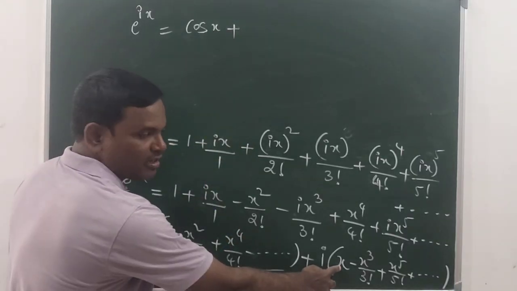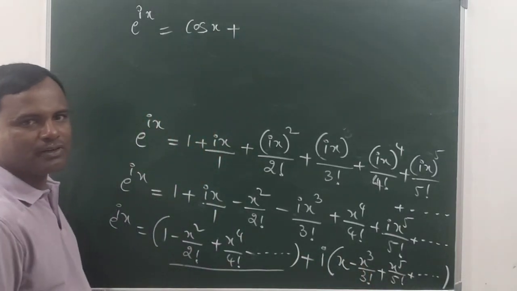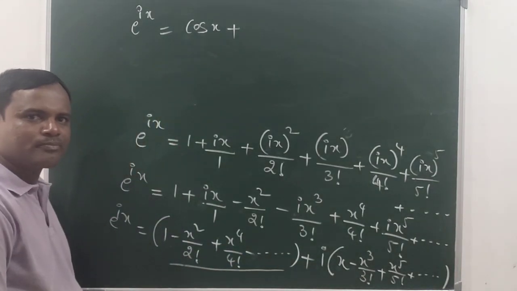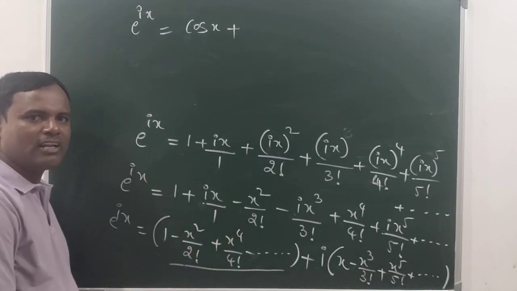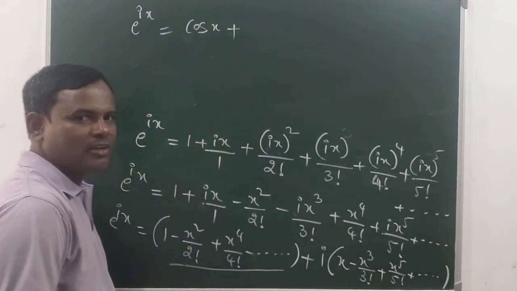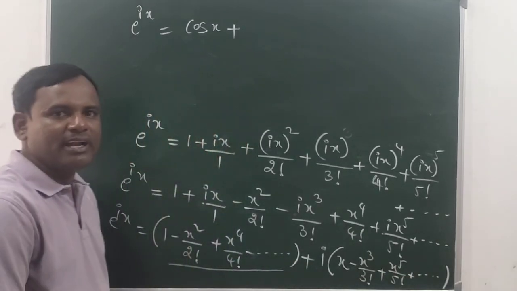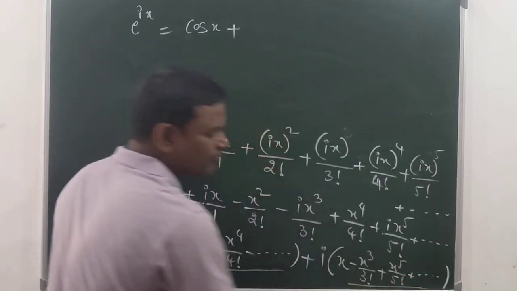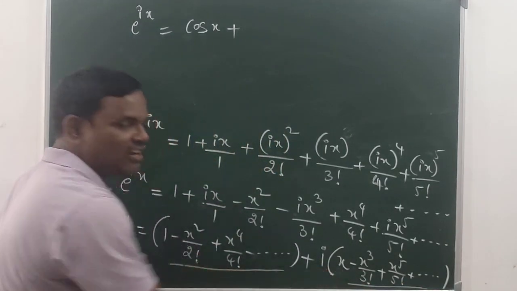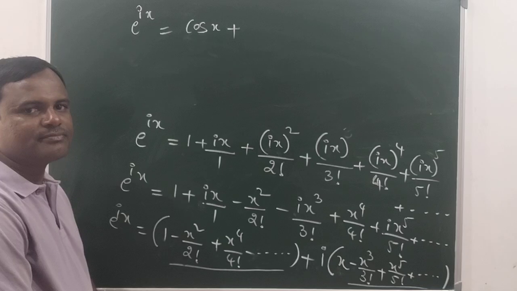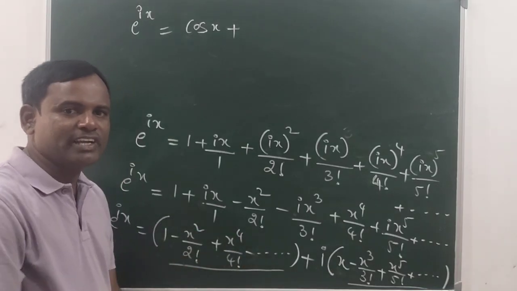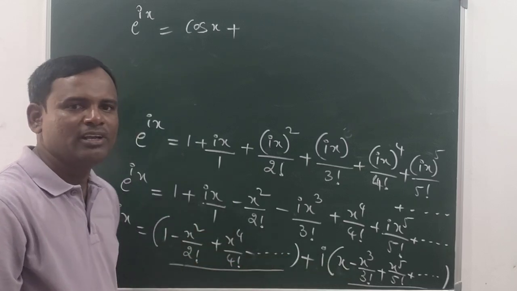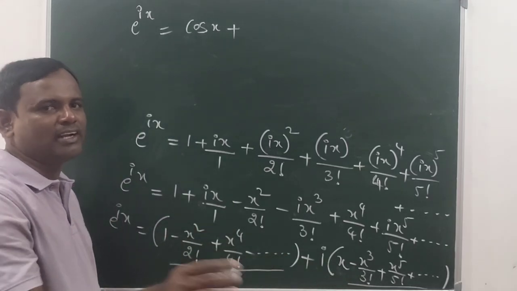So here, observe the imaginary part. i into x minus x cube by 3 factorial plus x power 5 by 5 factorial, and in the next term, what do we get? Minus x power 7 by 7 factorial and so on. This will continue. So this is the expansion of sin x: x minus x cube by 3 factorial plus x power 5 by 5 factorial minus x power 7 by 7 factorial and so on.